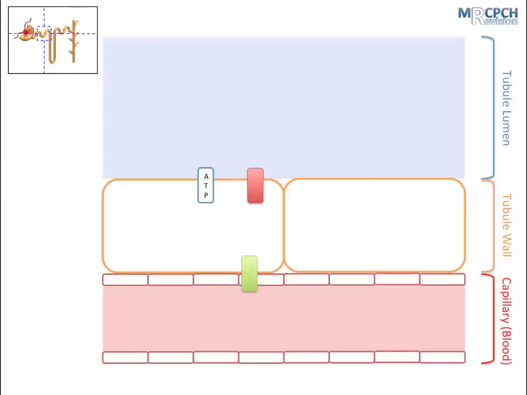At the glomerulus, protons and bicarbonate ions are freely filtered like this. And in the tubular lumen, they combine to form carbonic acid. On the luminal side of the tubule wall, the tubular cells have on their surface carbonic anhydrase 4.